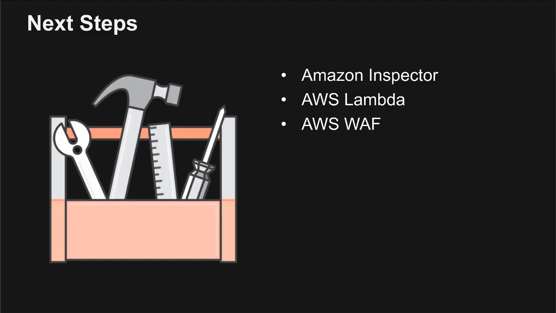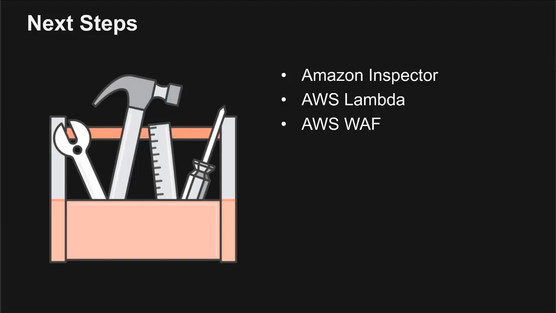And so what that means is you can take pieces of code in currently Node.js, Java, or Python, as well as .NET, and just run those as needed in parallel, and you end up paying by the 100 milliseconds and not by the hour like you do with EC2 instances.